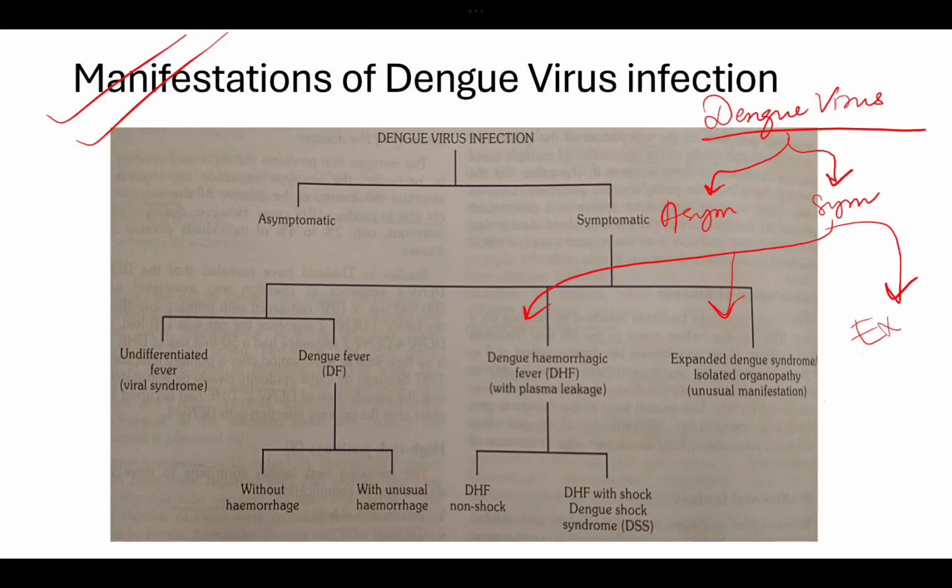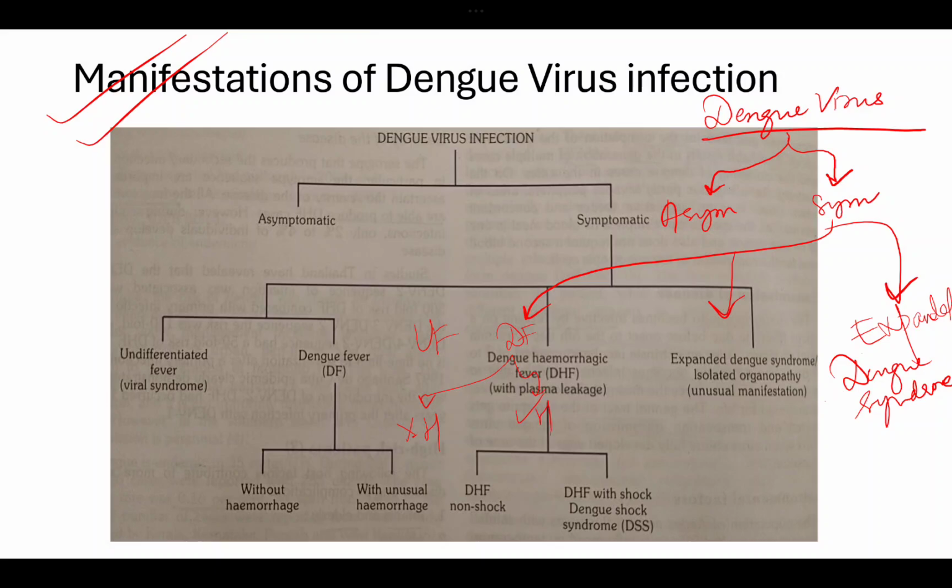It is expanded dengue syndrome. Next we have the 2 things. This is very easy: undifferentiated fever, or we have dengue fever. The dengue fever can be without hemorrhage, or it can be with hemorrhage.